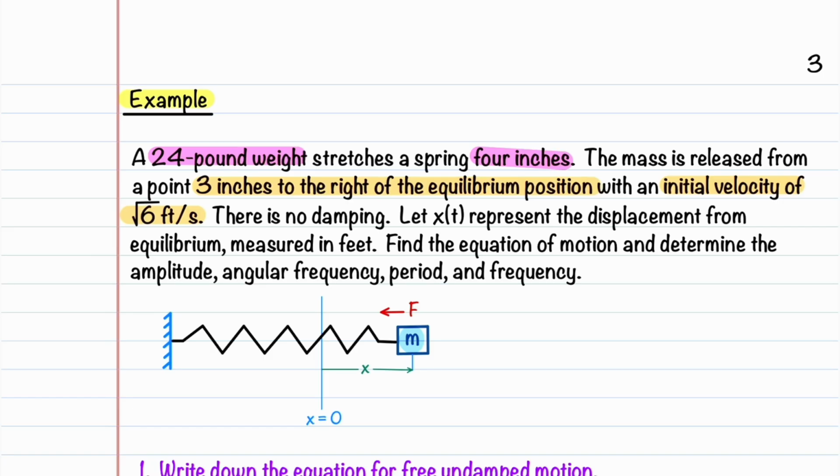In this system, there is no damping. We're going to let x of t represent the displacement from equilibrium, measured in feet. We are asked to find the equation of motion and then determine the amplitude, angular frequency, period, and frequency.